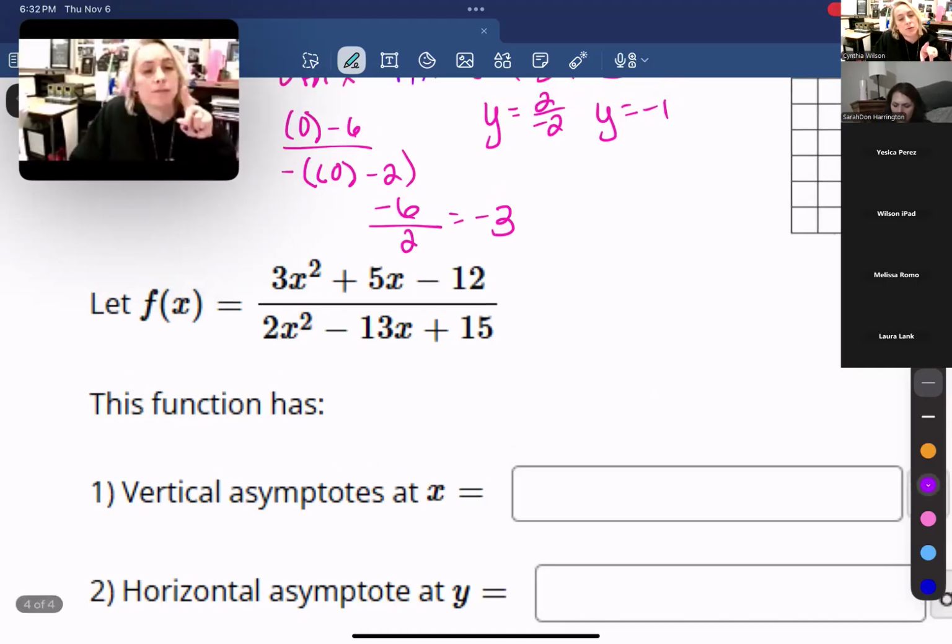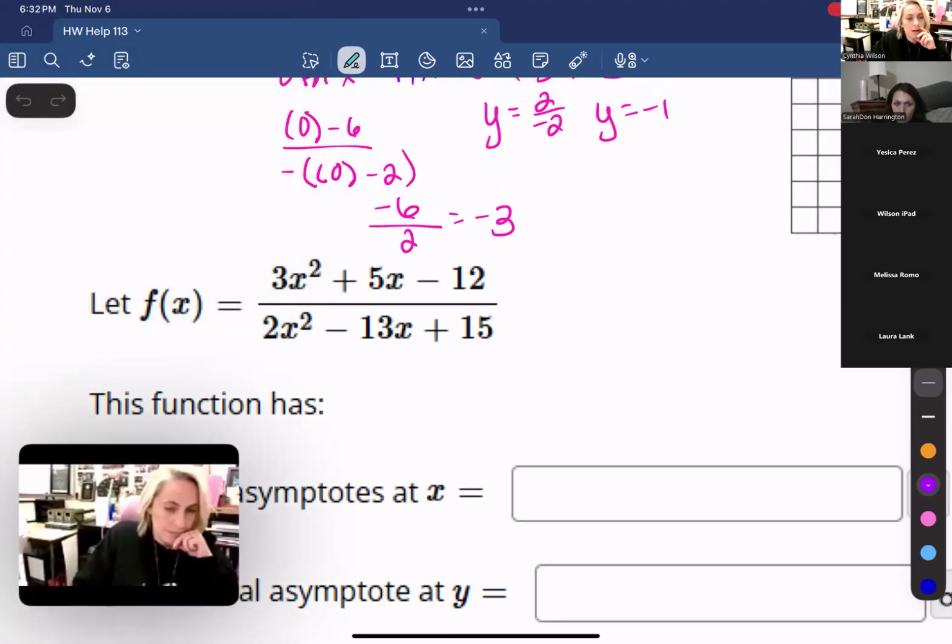All right, so 3x squared plus 5x minus 12. You need to factor it. So when you factor this, I don't care how you factor. Some of you guys learn X method, slide and divide. I don't honestly care how you factor, but I'm going to factor it how I know, and that's by grouping.